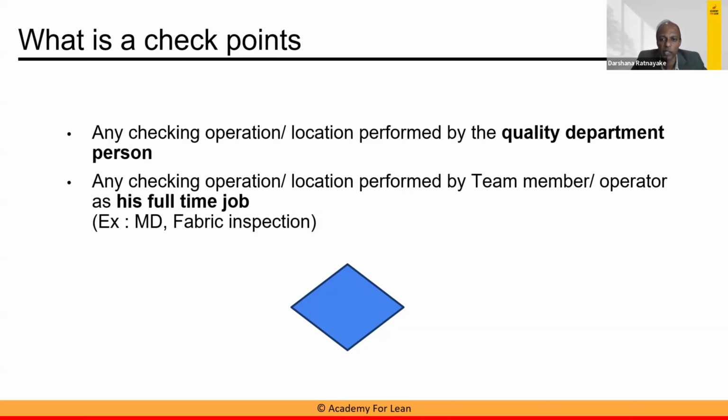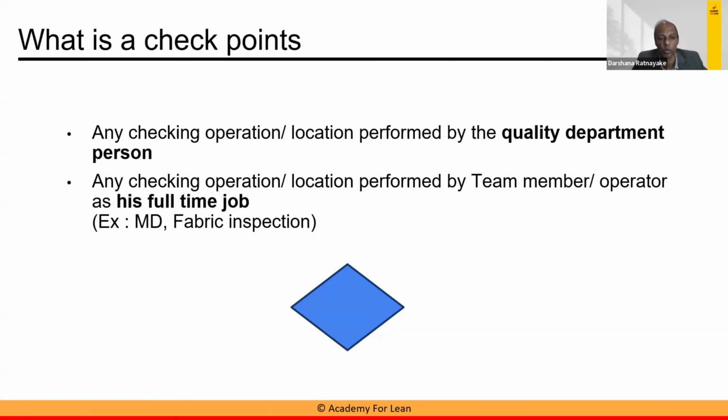There are some check points done by other department team members as their full-time job. For example, MD is not done by quality department people. Some operation people do it, but it is their full-time job. Then we use the diamond mark, not the triangle.